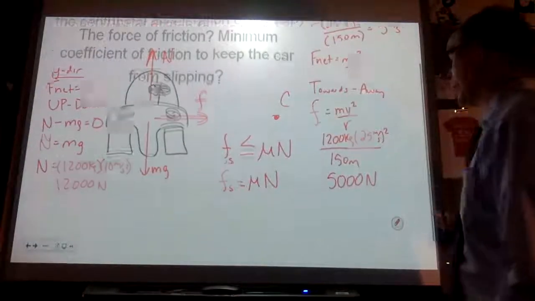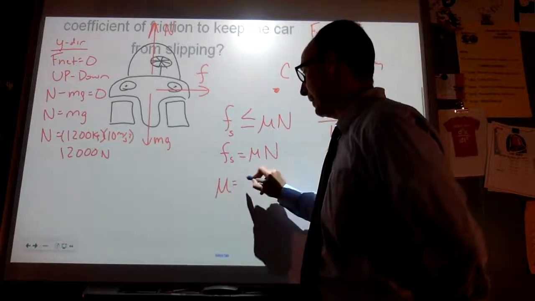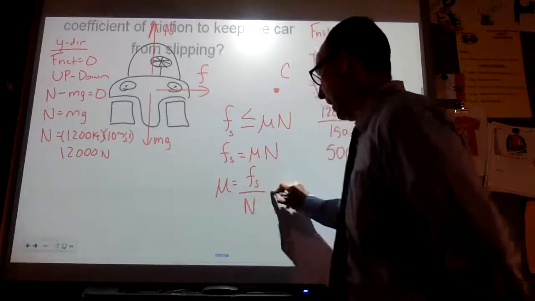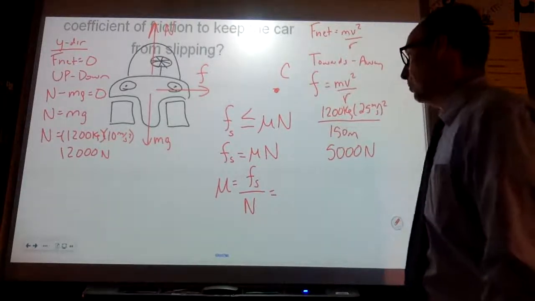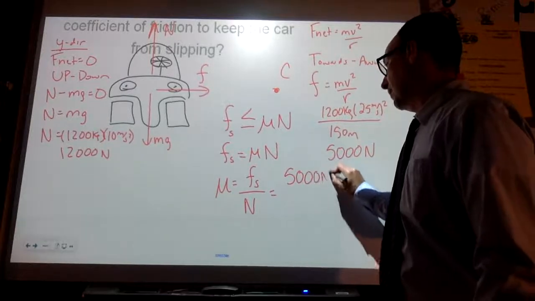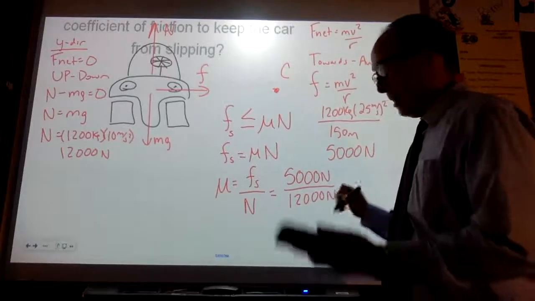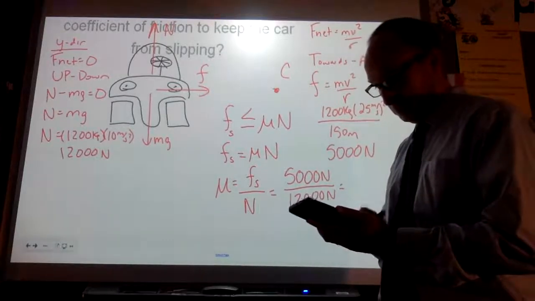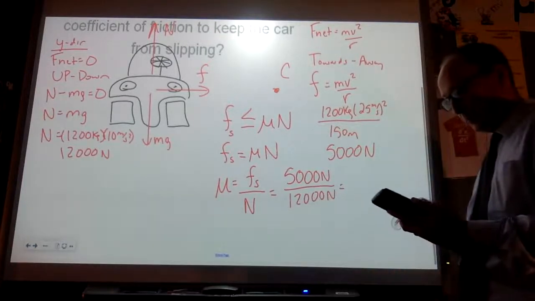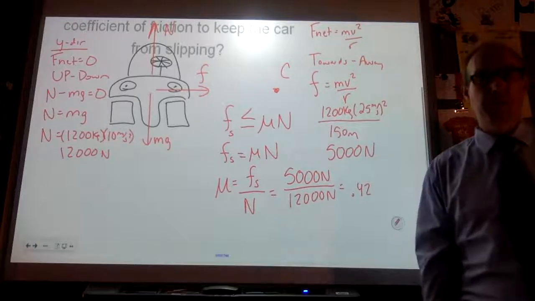And then I can manipulate this equation by dividing both sides by N, and I get that my mu is equal to my force of friction over N. Mu is a ratio, like pi, so it's unitless, but it's 5,000 over 12,000, which is about 0.42.